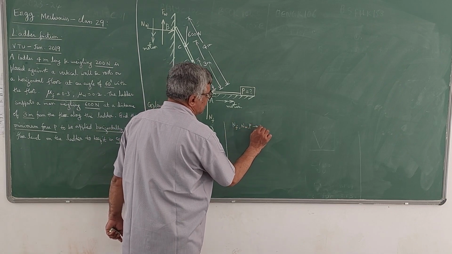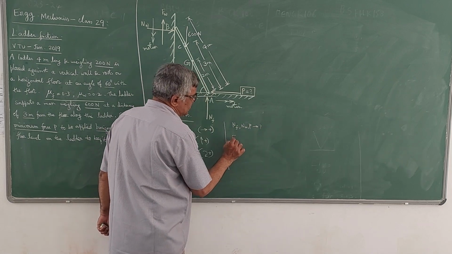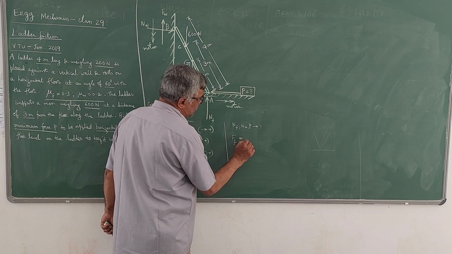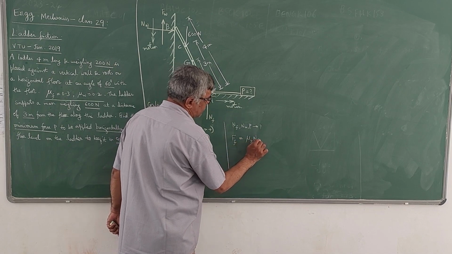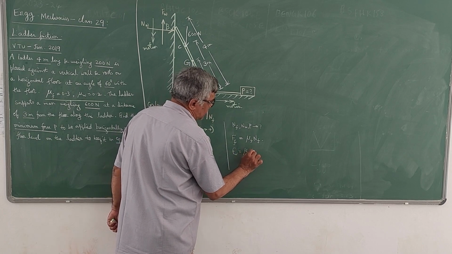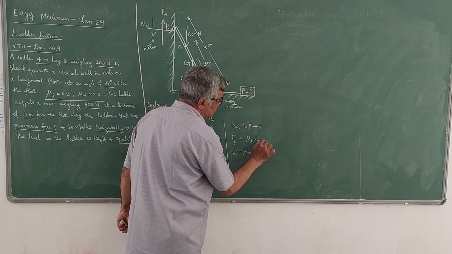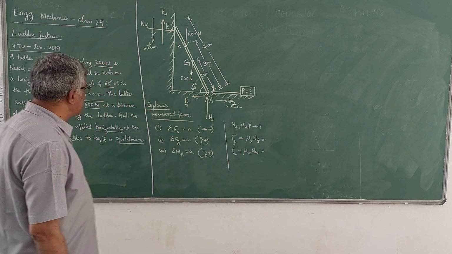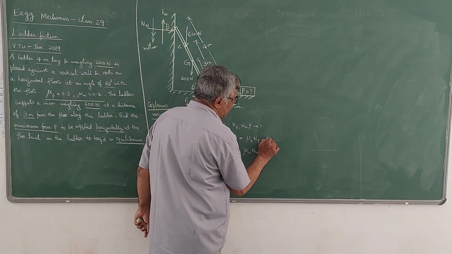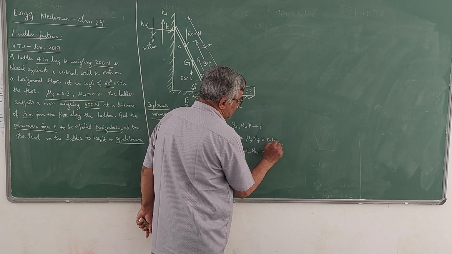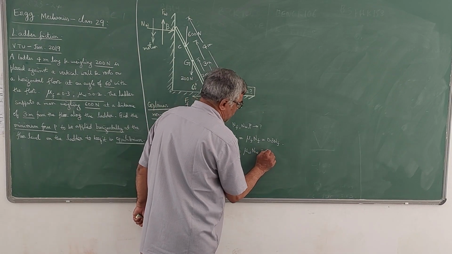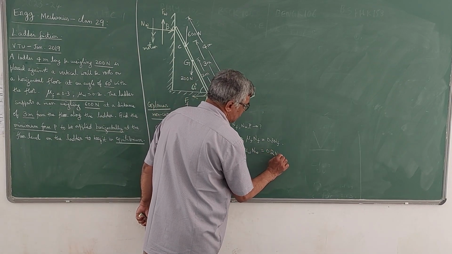These are the three unknowns, because you know the relation according to the law of friction: Ff is equal to mu f times Nf, and Fw is equal to mu w times Nw. Now here the values of mu f and mu w are given. Mu f is 0.3, so Ff is 0.3 times Nf, whereas mu w is 0.2, so Fw is 0.2 times Nw.